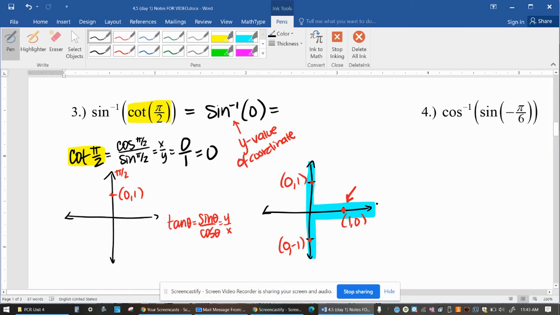So remember, according to the restrictions, your sine inverse can go anywhere down to negative 90, aka negative pi over 2, or up to positive 90, in this case, positive pi over 2, right? So it could go down or up. In this case, it doesn't have to go anywhere. It stays exactly where it is. So the answer is 0. 0 radians or 0 pi. That would be an acceptable answer.